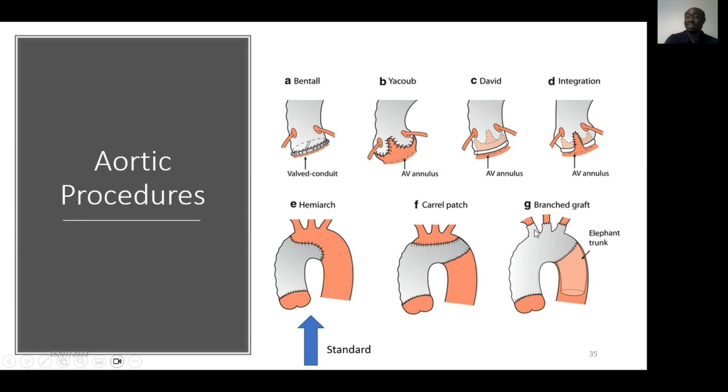We could debranch the aortic vessels and leave this trunk, like an elephant trunk, in the descending aorta for a future endovascular procedure, call it a TEVAR. Because now they have a landing zone. They could land any stent into this graft, so that avoids landing a stent on a weakened wall of the aorta. It's called an elephant trunk. This is actually a floating elephant trunk. It's floating because there are no stents in this trunk.